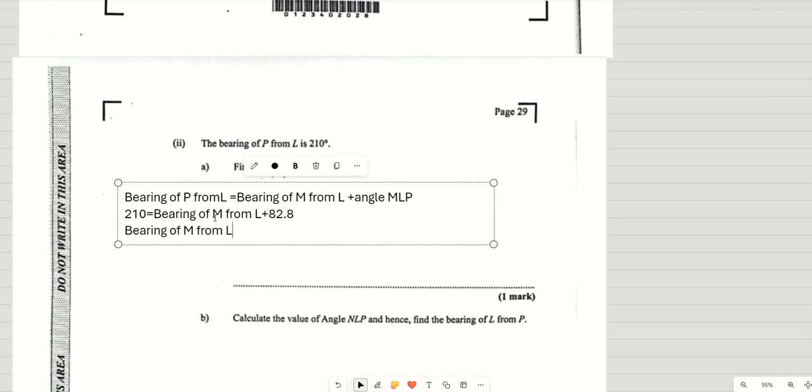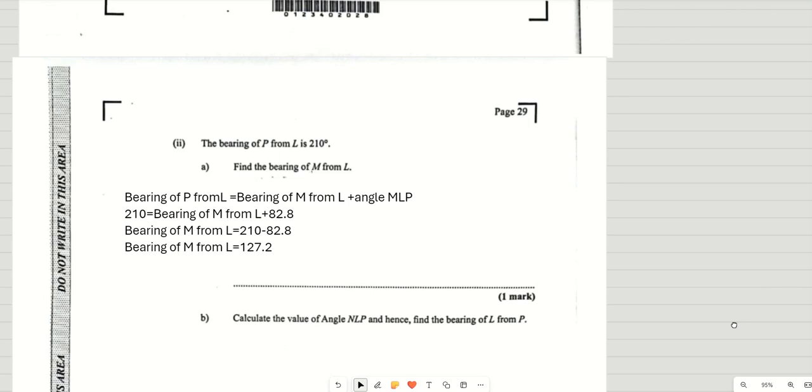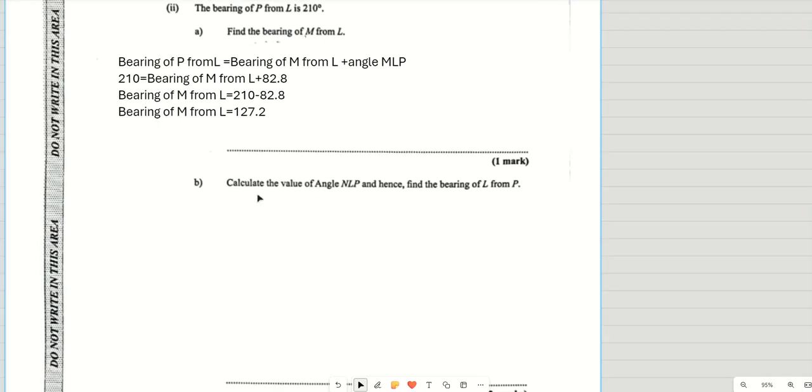So my bearing of M from L would be equal to 210 minus 82.8. So my bearing of M from L would be 127.2 degrees. And that is how you would do this question here. All right, let's look at the last question. Calculate the value of angle NLP and hence find the bearing of L from P.